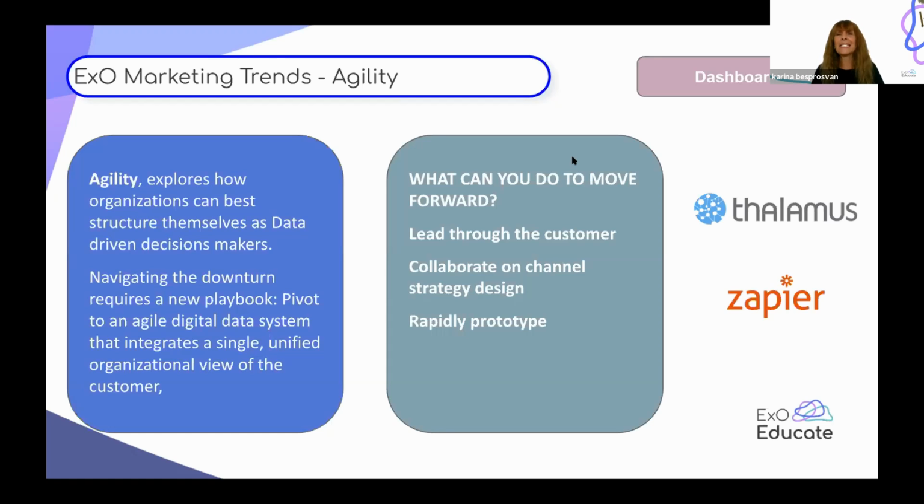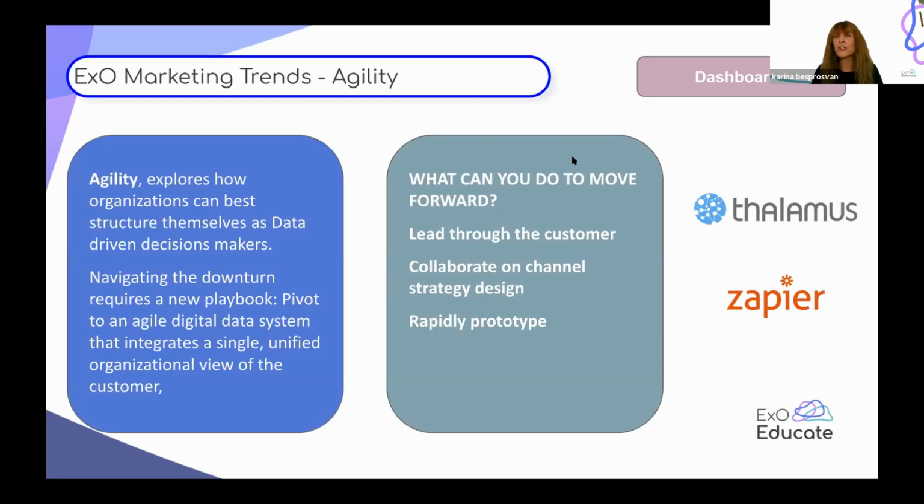Sometimes people don't move forward because they don't know where to start. But the first way to start is to learn through the customer: talking to the customer, observing the customers, trying to understand what they say, taking notes. It's a very good way to start.